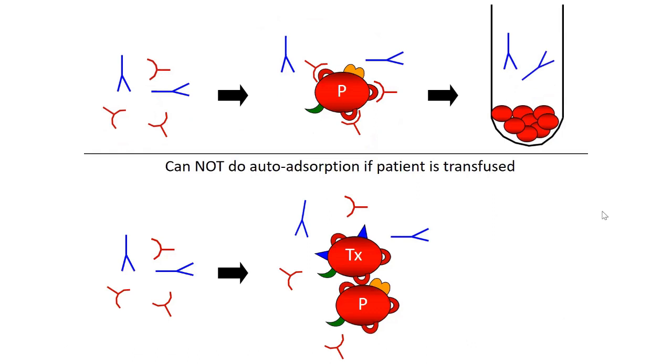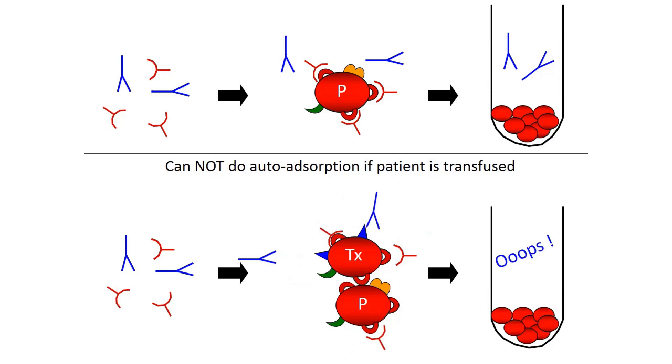You cannot do an autoadsorption, though, if your patient was recently transfused, because the transfused red cells, which may be bearing the alloantigen to which your patient has alloantibodies, may be repetitively binding those out in your adsorption cycles. And now you're left with nothing.